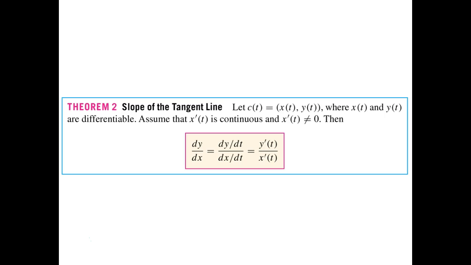Let's say that C of t is this curve, x of t, y of t, where x of t and y of t are both differentiable functions. Okay, they're each differentiable. I hate to do this again, but I'm going to.